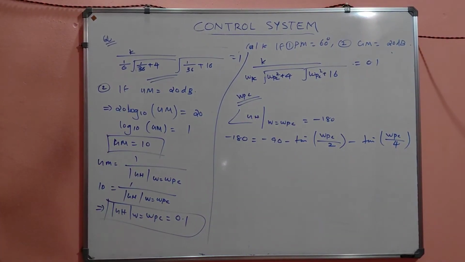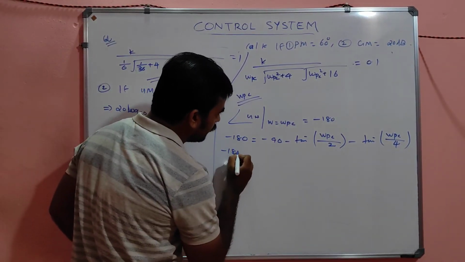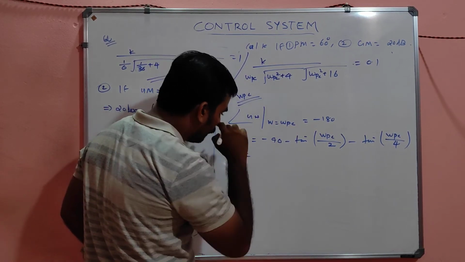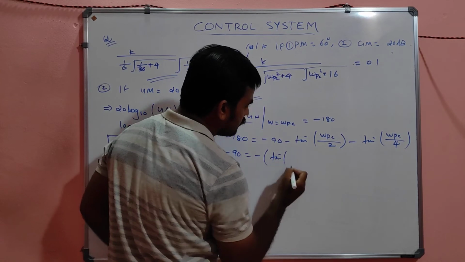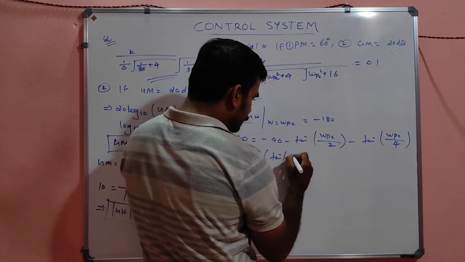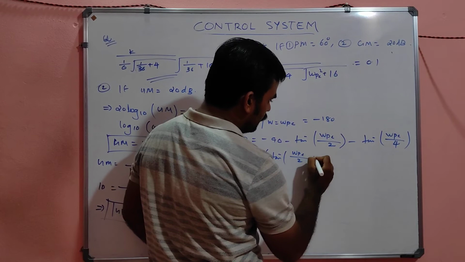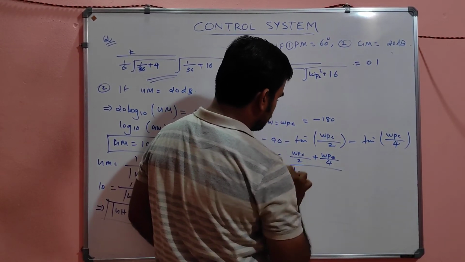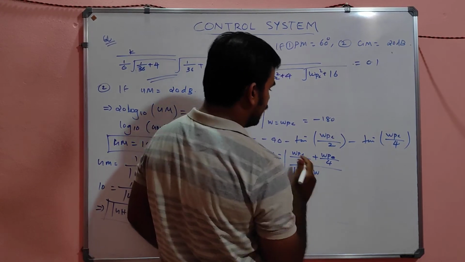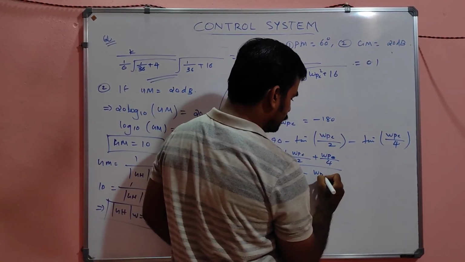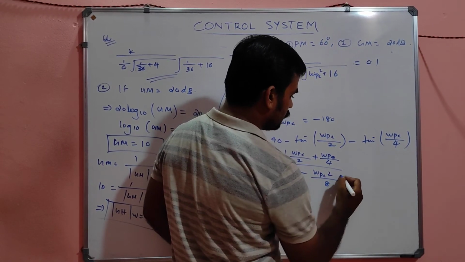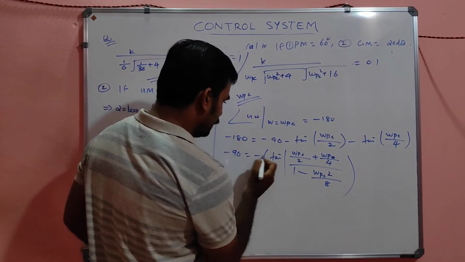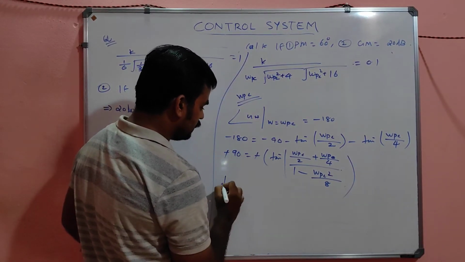So it will be minus 180. This will go to minus 90. So minus 90 equals minus of tan inverse A plus tan inverse B, which is tan inverse of A plus B divided by 1 minus AB. The minus signs cancel.